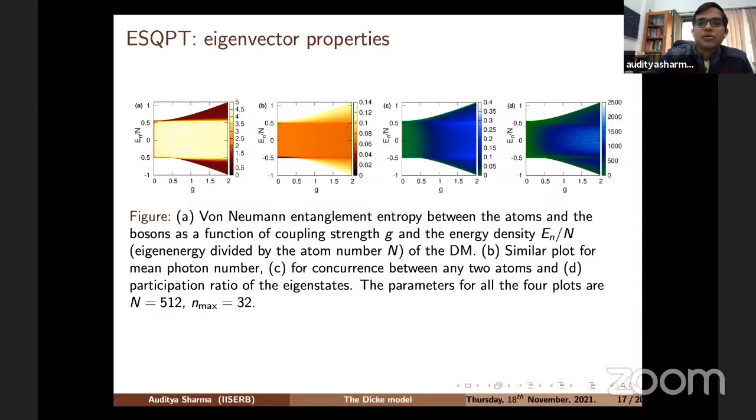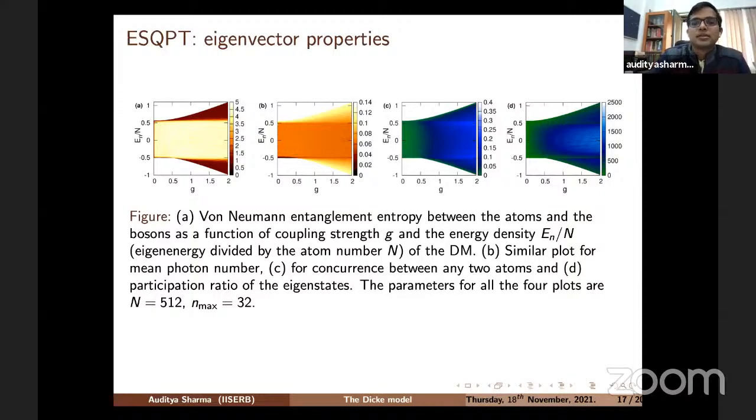Whereas you see that if you look at concurrence between any two atoms, which is a property within the spin manifold itself in some sense, that is able to also capture this G critical. So if you're in the normal phase, you get a different kind of behavior, and that is somewhat like the behavior in the bottom band.